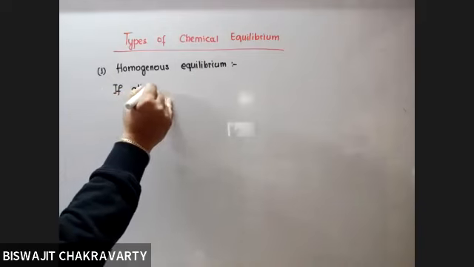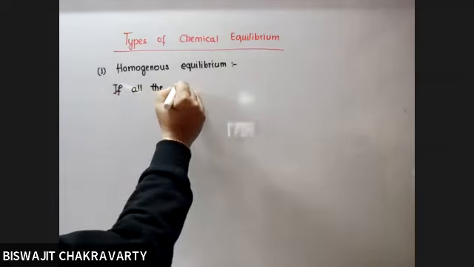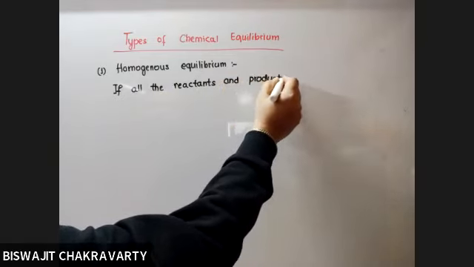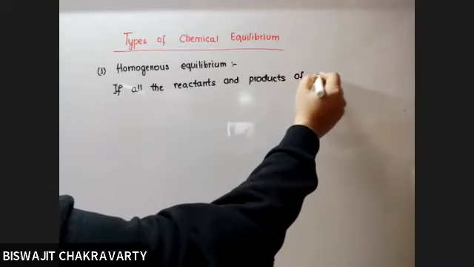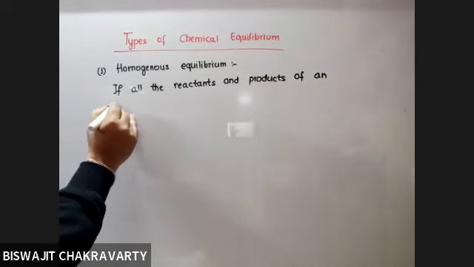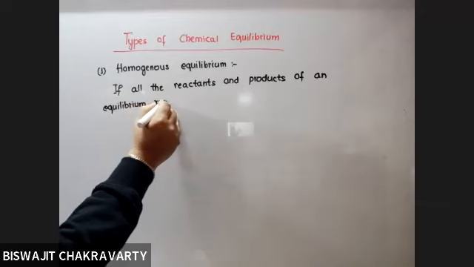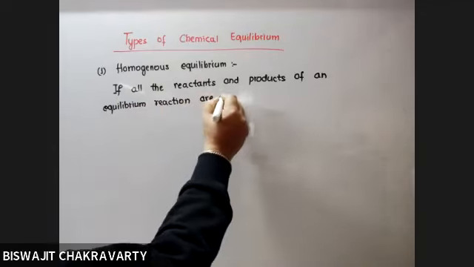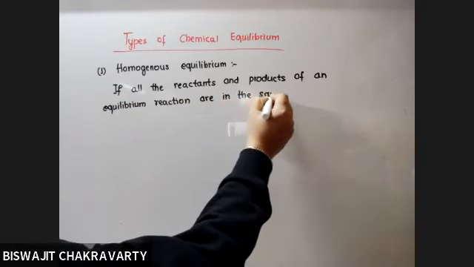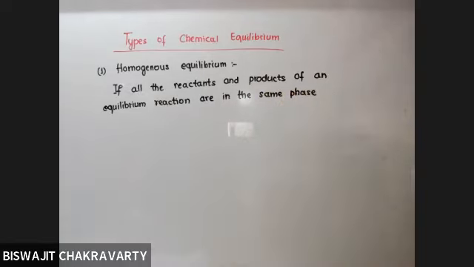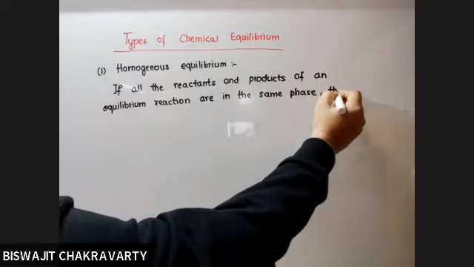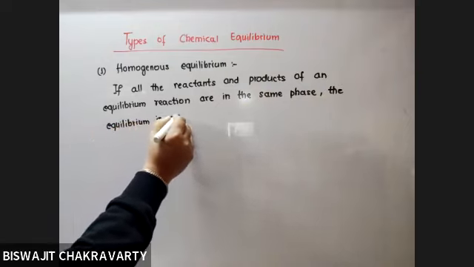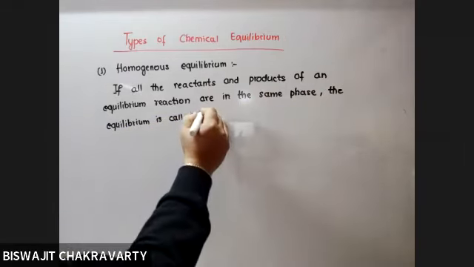If all the reactants and products of an equilibrium reaction are in the same phase, the equilibrium is called homogeneous equilibrium.